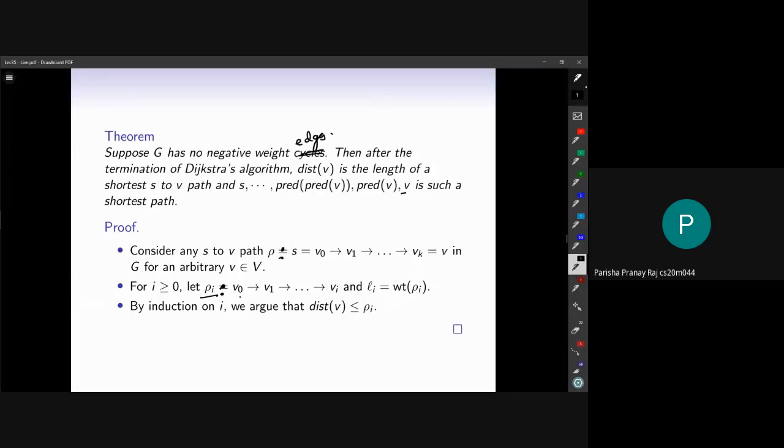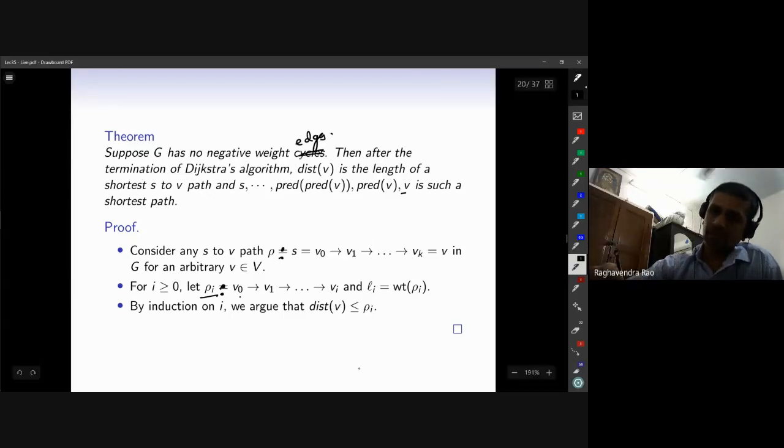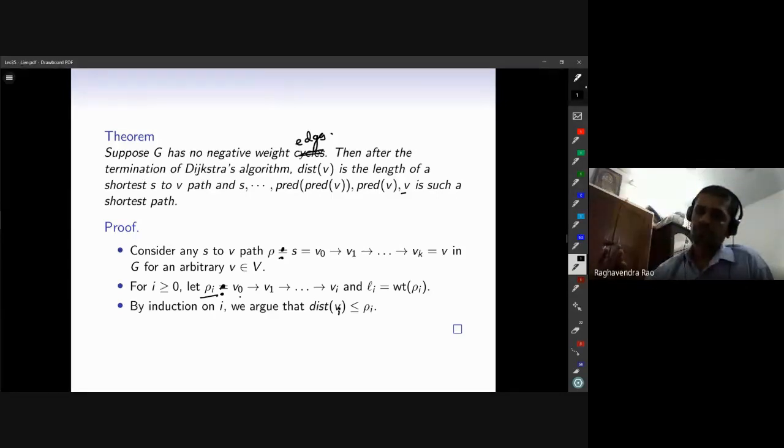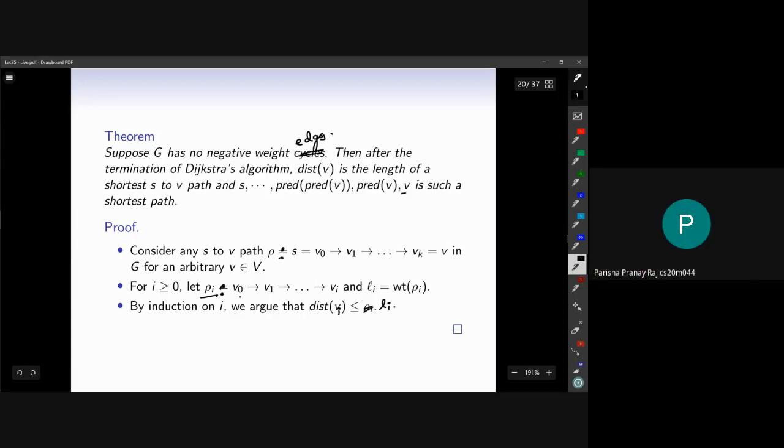But you're saying distance of V is less than or equal to rho i. So, distance of Vi, sorry, it should be Vi, not V. And sorry, it should be Li, not rho i. Is it clear? Yes, sir.